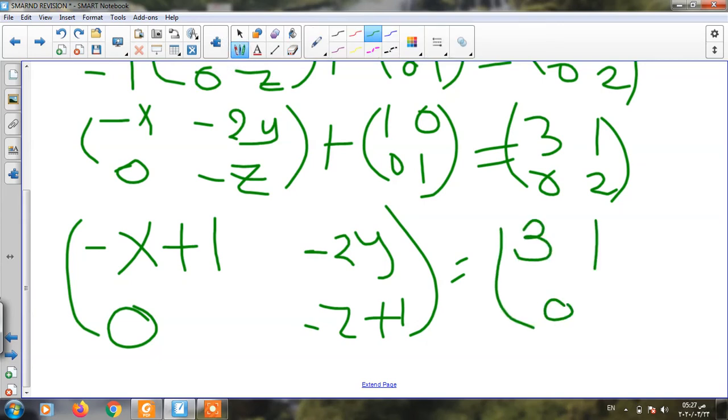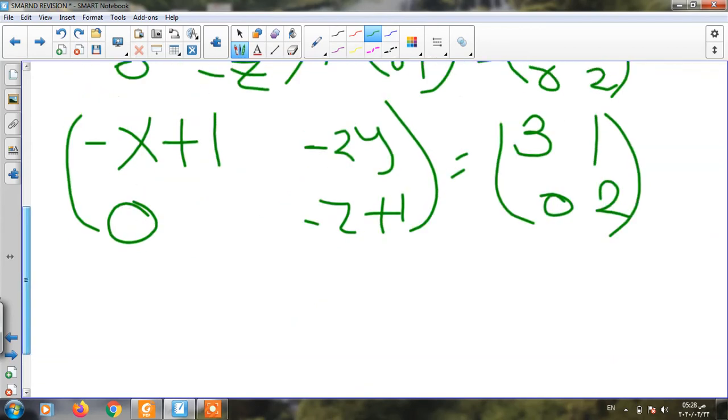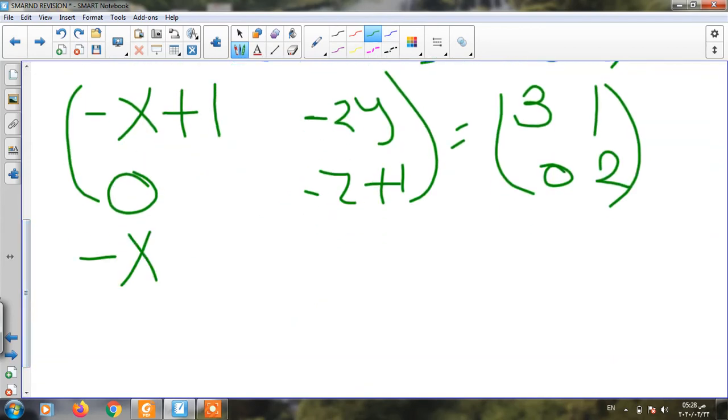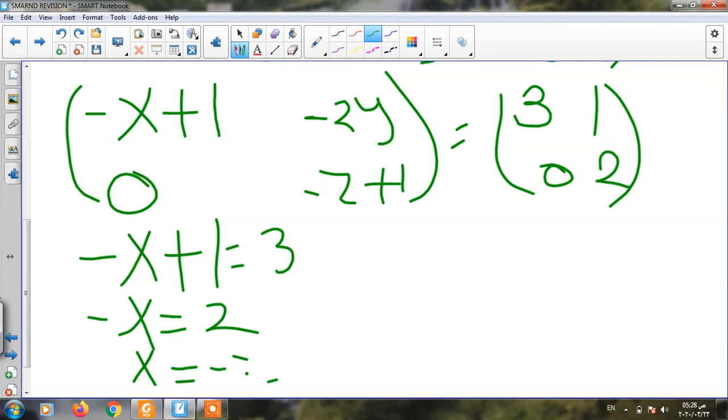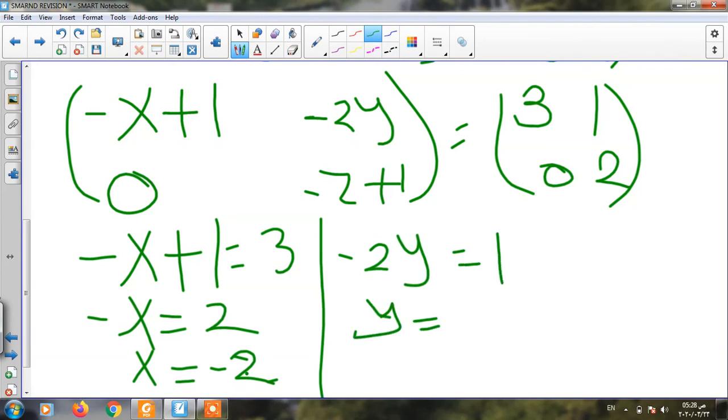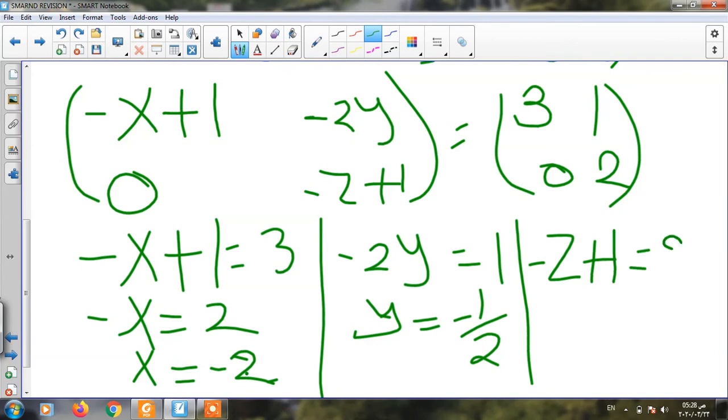It's going to be negative x plus 1 equals 3, then negative x will be 2, then x is going to be negative 2. And negative 2y equals 1, so y will be negative half. Then negative z plus 1 will be 2, then negative z will be 1, and z will be negative 1.